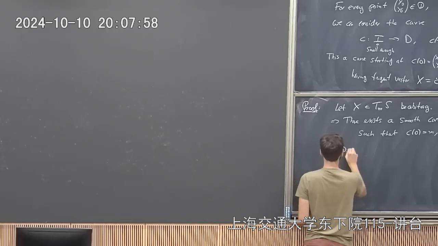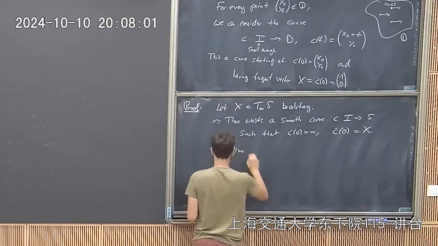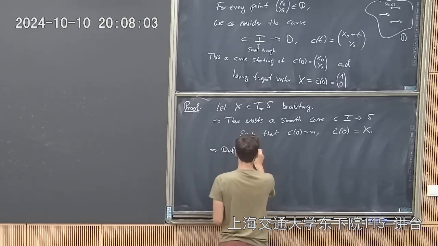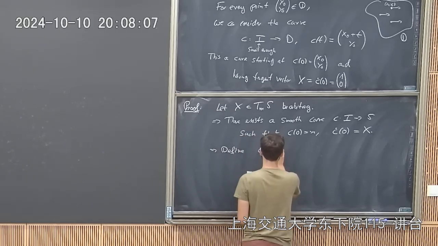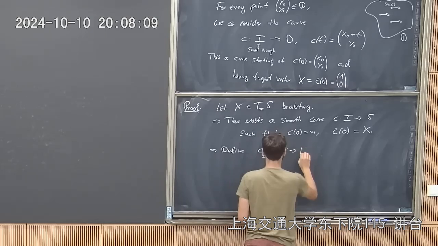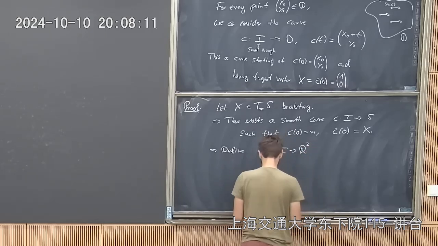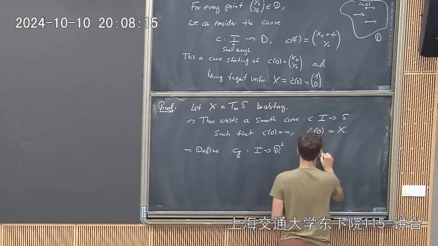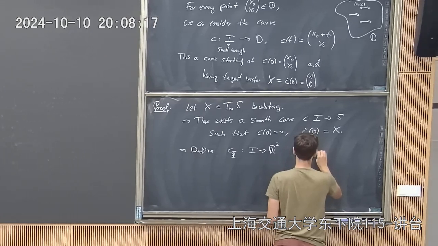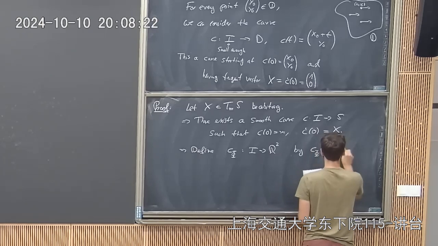What we do now is define a curve in R2 by using this chart that we have. So we take the inverse.